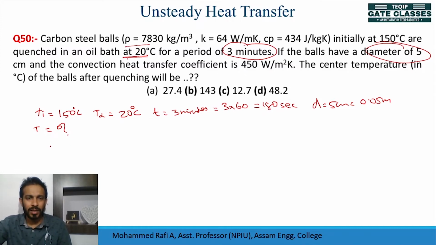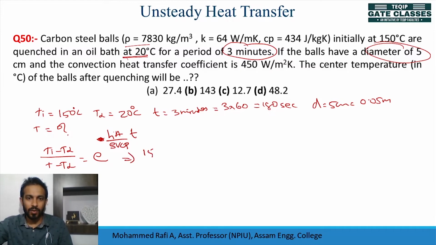Like I said, if you take (Ti minus T infinity) divided by (T minus T infinity), then the equation will be e to the power minus hA by rho V Cp into t. All these parameters are already given, so let me substitute the values.